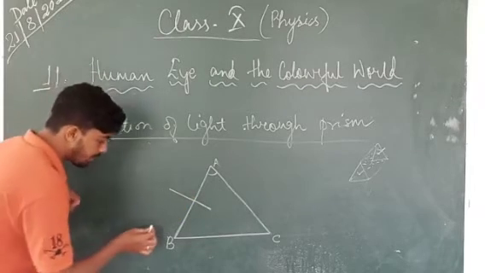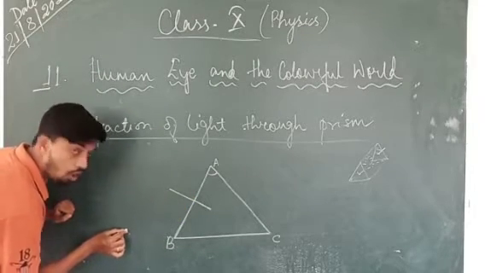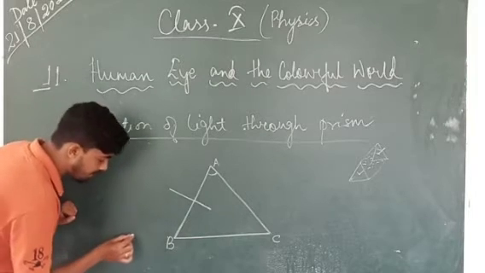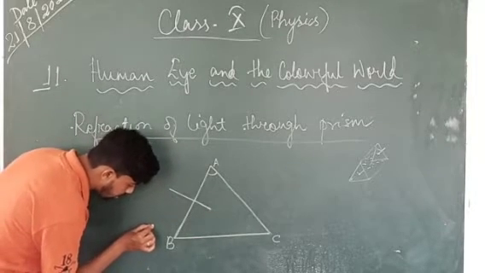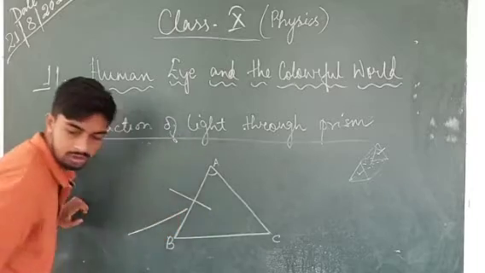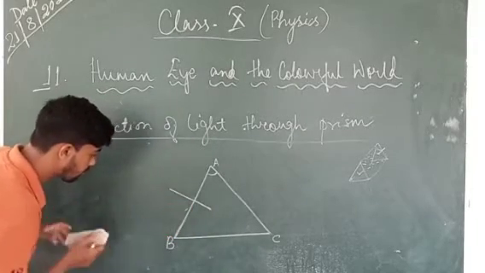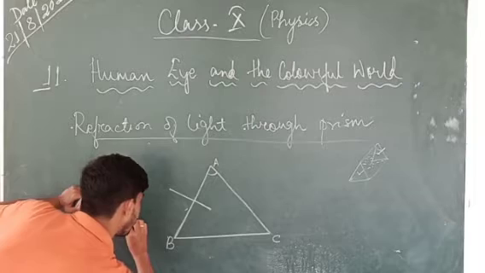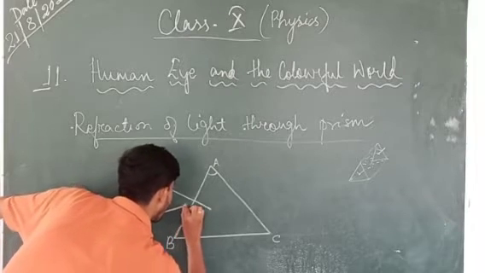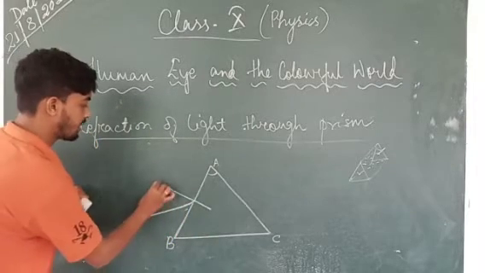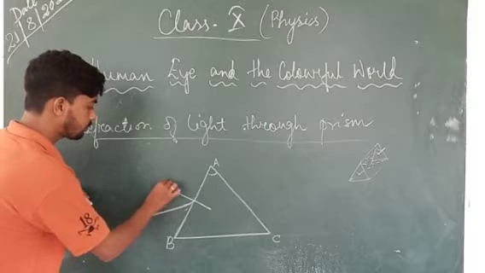So what happens? The light will be falling obliquely, or at a certain angle, onto this point. This is our normal number 1.